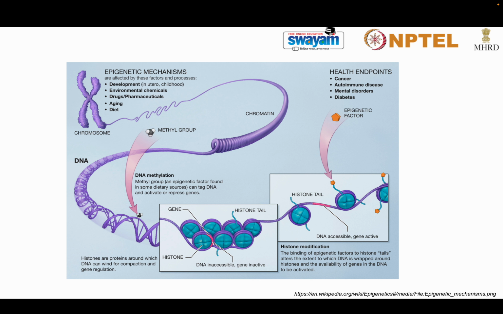Now, if these cytosines which are present get methylated, it will avoid binding to the transcription factors or the activators, and the gene will not be able to express properly, due to which the particular gene will be repressed, its expression will be hindered. So in that way, you'll see that this DNA methylation has its effect on the expression of the gene.